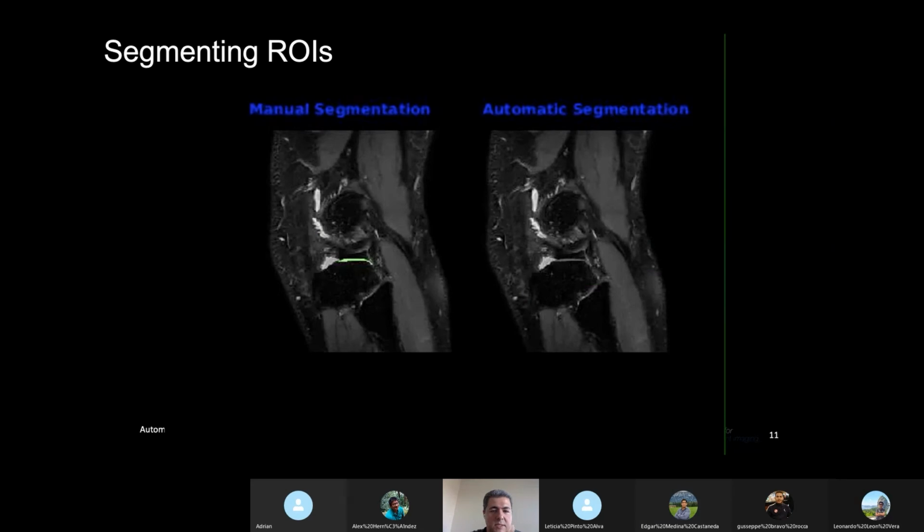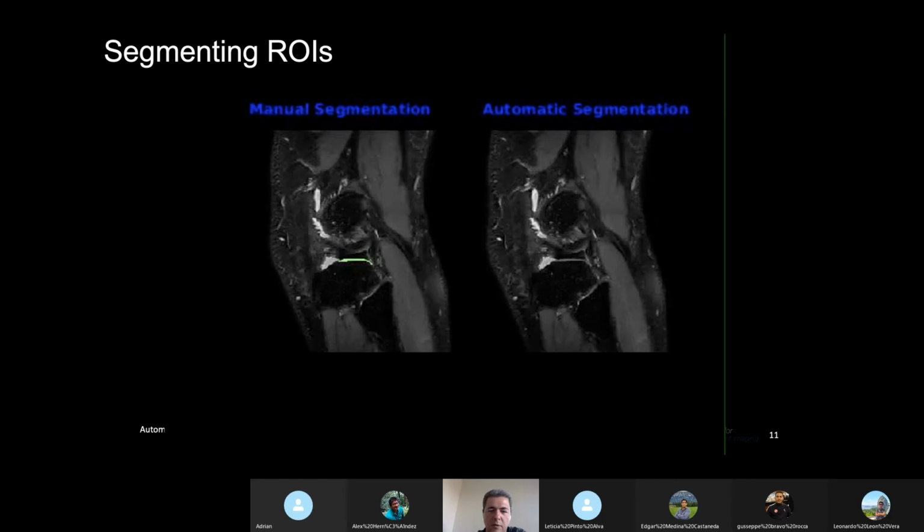Here, just to illustrate, this is an external data set. This image was part of around 15 images that were collected in Clínica Centro in Spain as a collaboration for this project. They manually segmented all these 15 MRIs so that we could evaluate the quality of our segmentation. I'm not going to present results. I can show you results on the quality of the assessment of the segmentation, but it's not in this presentation.